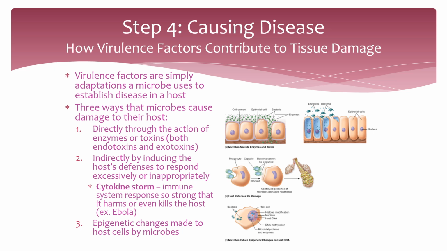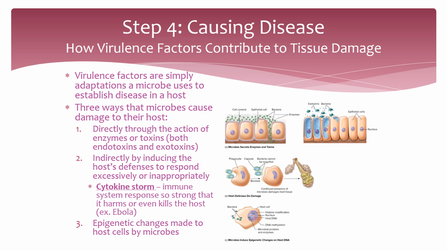An example of that is Ebola, where in an effort to fight Ebola, which is a virus, our immune system attacks our healthy cells in order to stop the virus, which causes immense hemorrhaging in our own body.